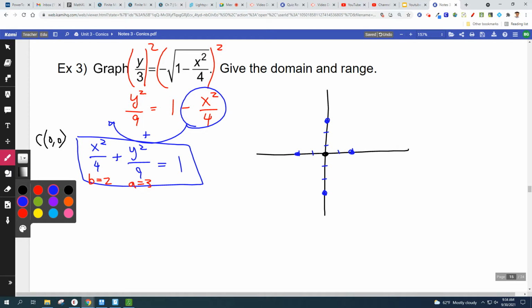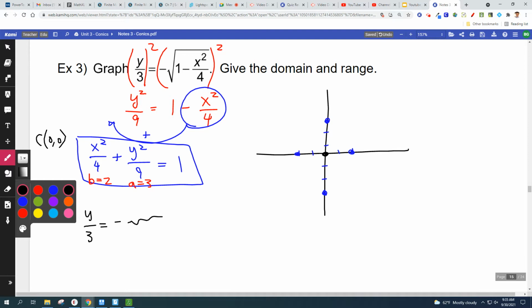But the thing that's weird here is if you look at the original equation, it says y over 3 equals negative something, right? It's only taking the bottom half of the ellipse, all right?